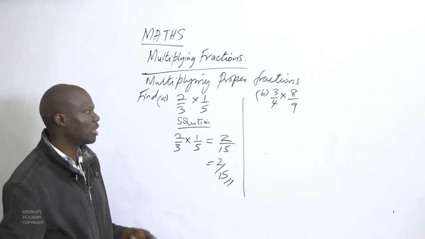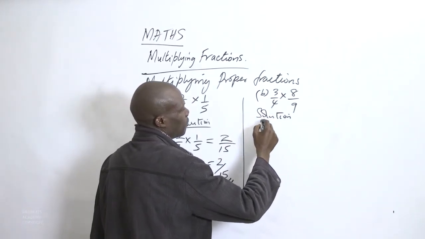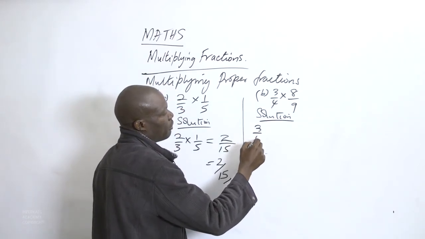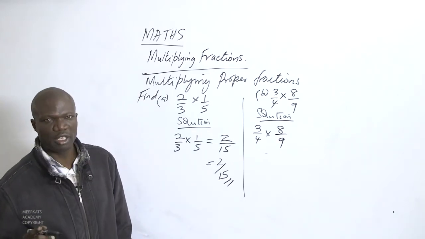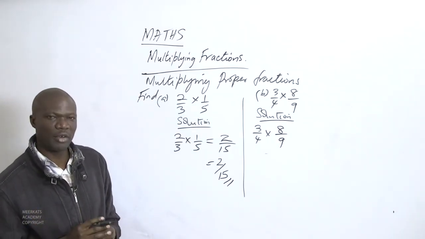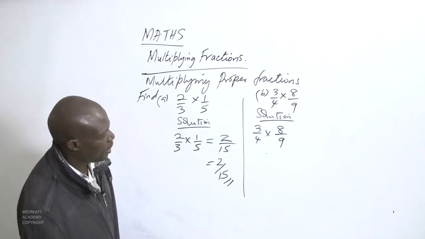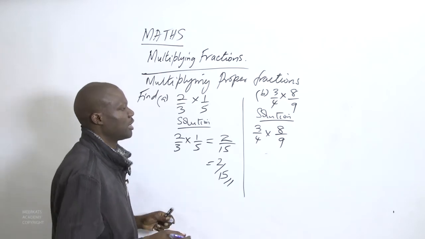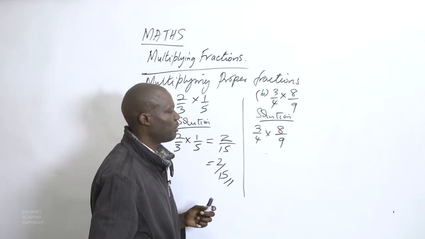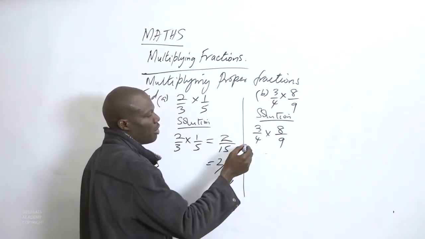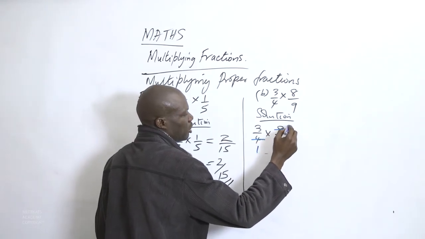For the second question in our solution here, it is 3 over 4 multiplied by 8 over 9. Look at it vertically, look at it horizontally, and see, is there anywhere we have a common factor that we can divide? You'll notice that 4 and 8 have common factors, the highest common factor being 4. So by 4 is 1, by 4 is 2.